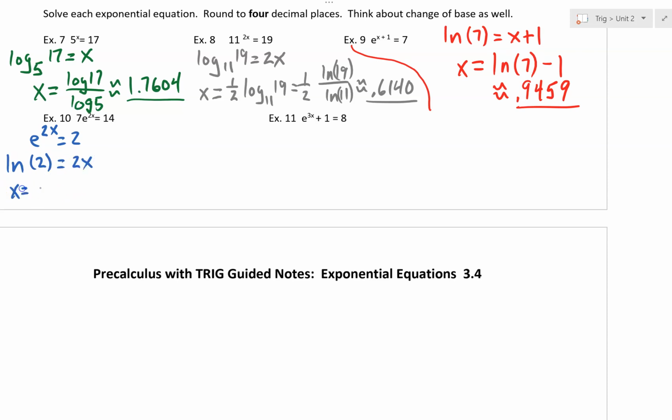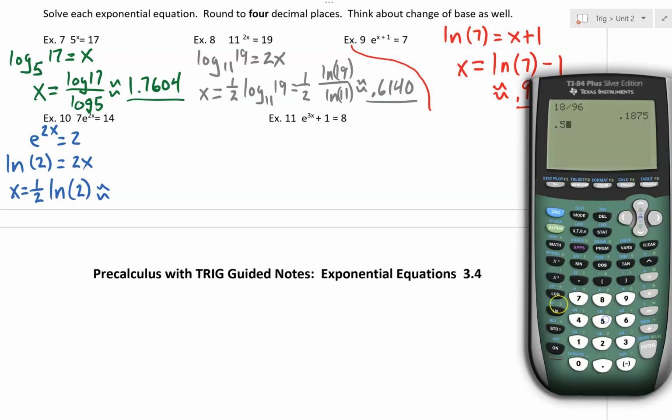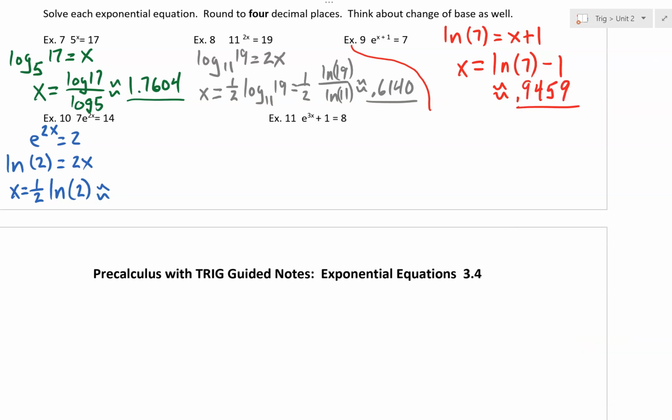So x is going to equal, I have to divide by 2, so that's 1/2 the natural log of 2, which will be approximately, going back to my calculator, 0.5 times the natural log of 2. And we should get an answer that says 0.3466.